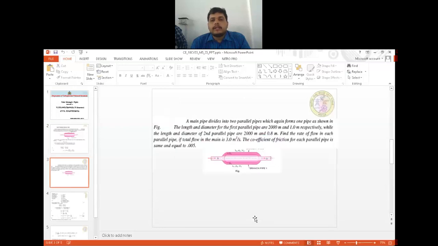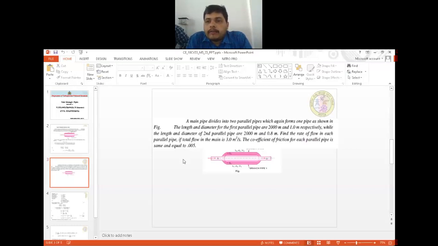Now, next are the problems. Read out the problem now. A main pipe divides into two parallel pipes which again form one pipe as shown in the figure. The length and diameter of the first parallel pipe are 2000 meter and 1 meter respectively, while the length and diameter of the second parallel pipe are 2000 meter and 0.8 meter.